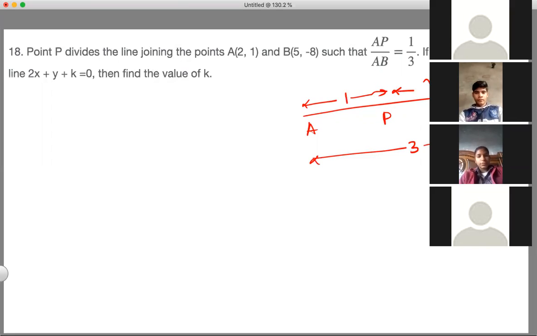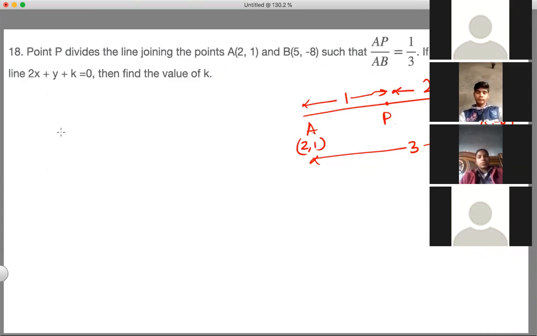So the ratio will be 1:2. Okay, A is given, B is given, so we can find the coordinates of P now, and then those coordinates we will put in the given equation.